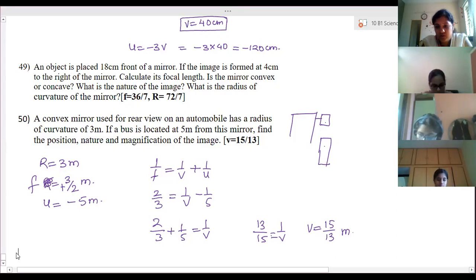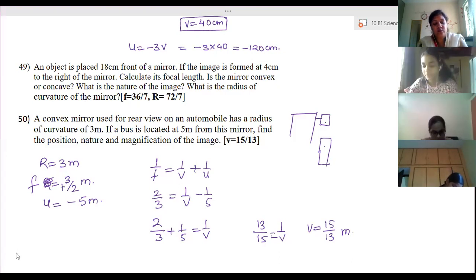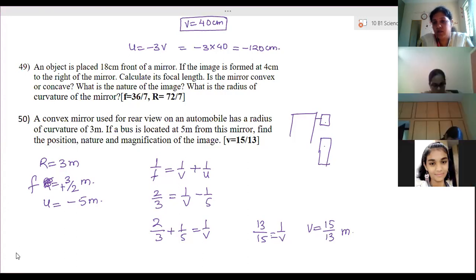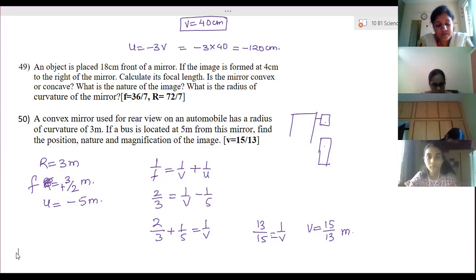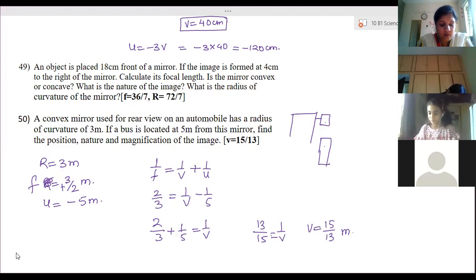Done? Clear? Yes, ma'am. The students who have completed till 30 questions have to solve the remaining 17 questions, 31 to 47, by next class.